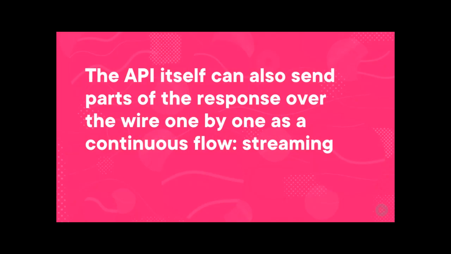If your API supports asynchronous streaming, it means that the API itself can send parts of the response over the wire one by one as a continuous flow, for example, coming directly from the underlying database. So, instead of returning one piece of JSON with a bunch of movies in it, when getting the movies, it would return these movies one by one. So, movie by movie.